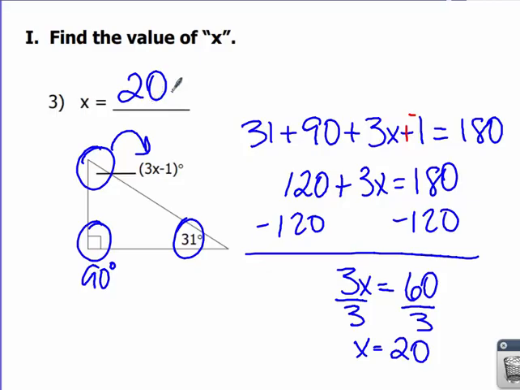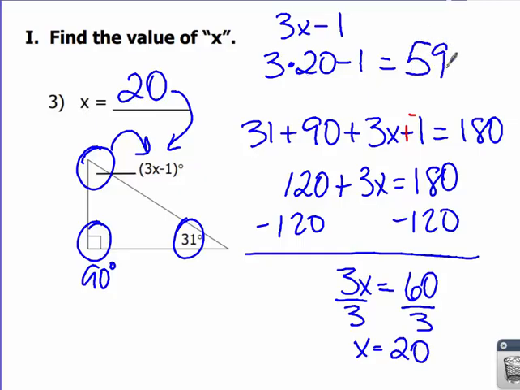Now if I want to find the value of this angle, I can then just substitute in the value of 20 into that, and that will give me the value of the angle itself. So we would do 3x minus 1. I take my 20, I plug that in, so that'll be 3 times 20 minus 1, which will give me the actual angle measure. 3 times 20 is 60, minus 1 is 59 degrees.